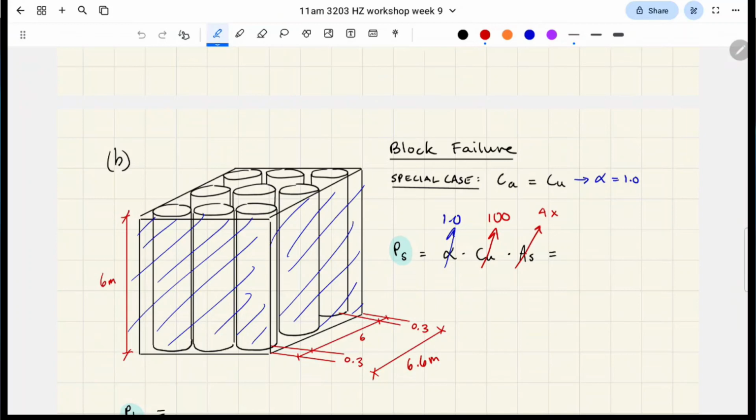So that's the side length, right? So 4 lots of 6.6 meters times 6 meters, 6 meters is the length of the pile, right? So that's your shear area. Sorry, shear area, shaft area. Yeah. It's actually both, but anyway, yeah.